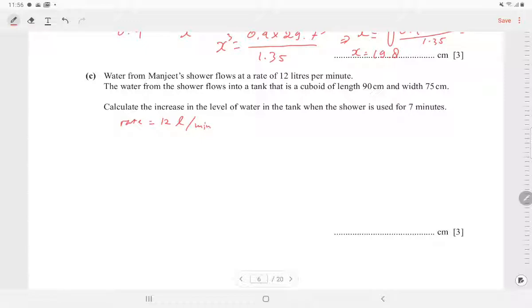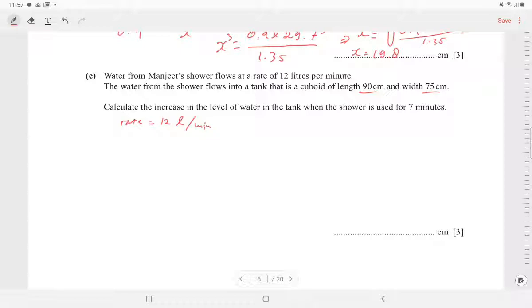The water from the shower flows into a cuboid tank with length 90 centimeters and width 75 centimeters. Calculate the increase in the water level in the tank when the shower is used for 7 minutes.